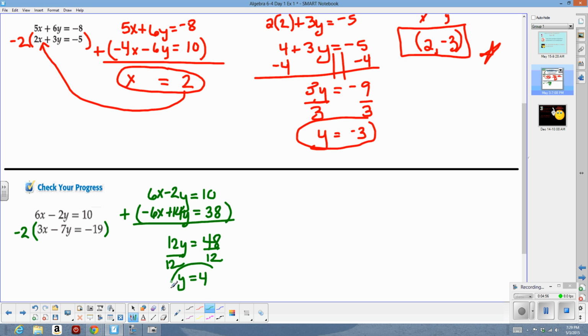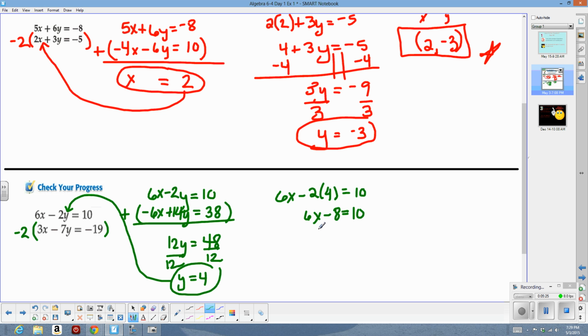Now let's take that answer and plug it into one of these equations. Let's go ahead and use the first one this time. Let's plug 4 in for y. So 6x minus 2 times 4 equals 10. So we end up with 6x minus 8 equals 10.